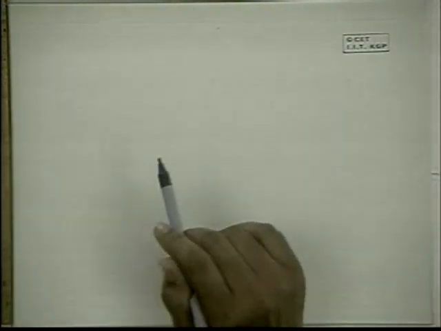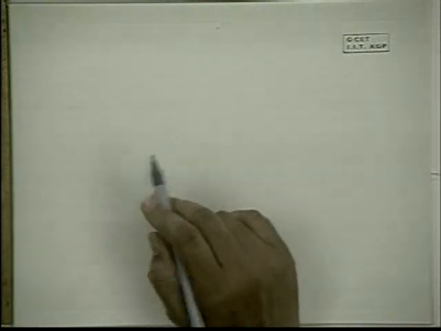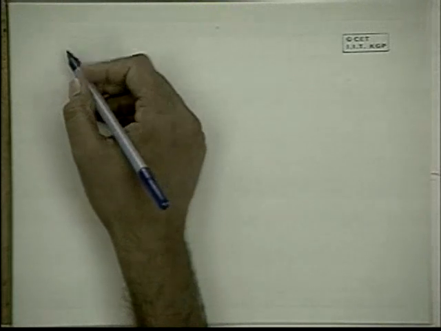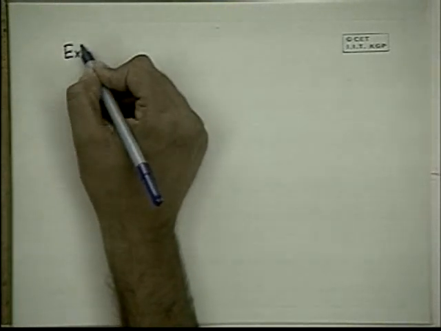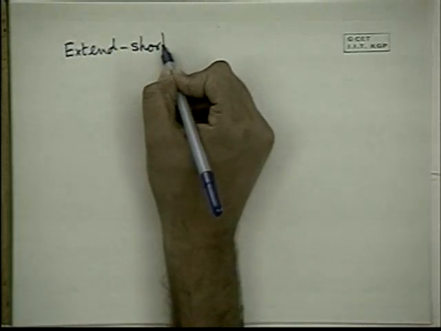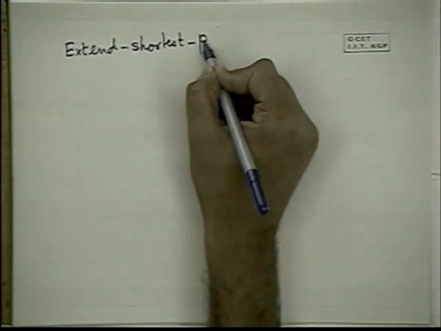So I am assuming that we are inputting one matrix and we are creating a new matrix. So the input matrix is this. So this is called extend shortest paths.